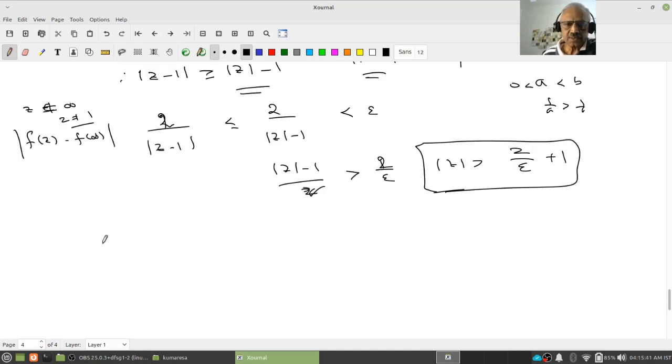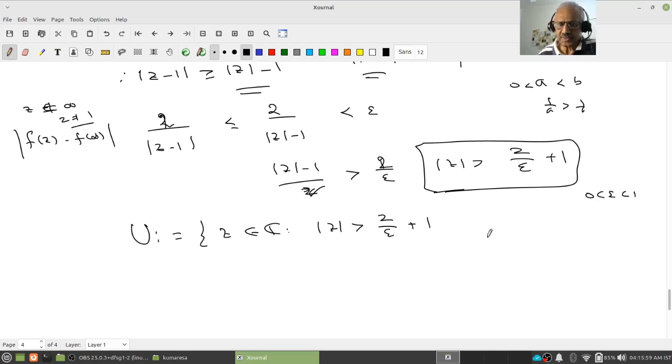Right? So what do you think I will do? If I take this U to be the set of all complex numbers z in C such that mod z is greater than 2 by epsilon plus 1, right? So of course epsilon you can take to be less than 1, it doesn't matter.